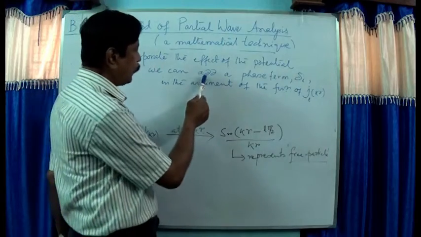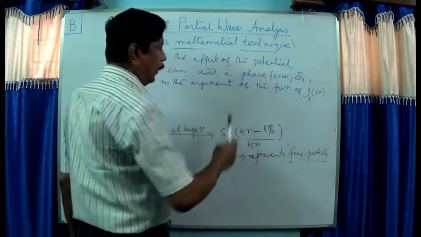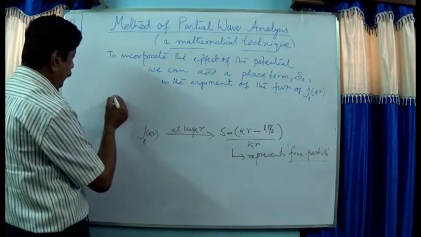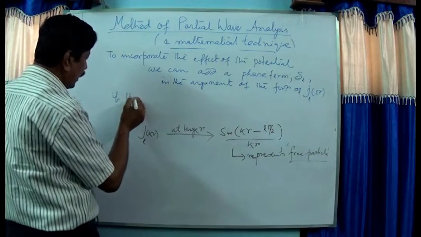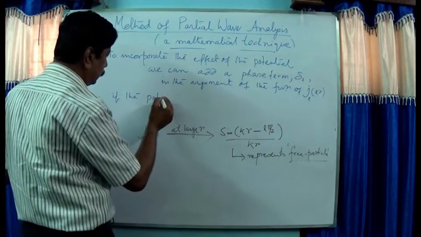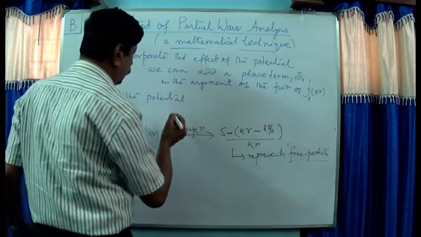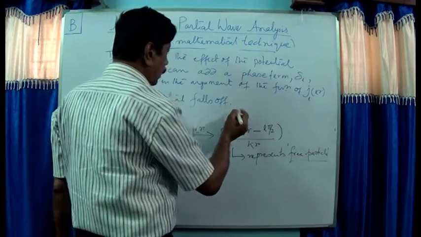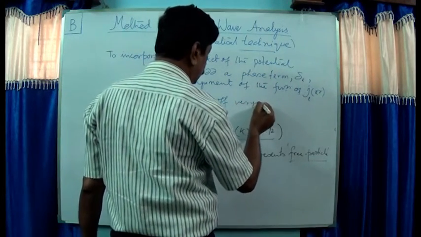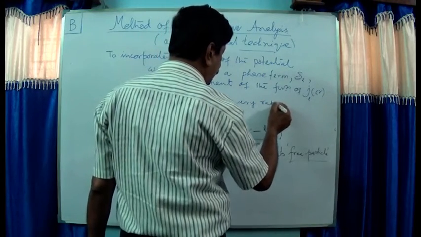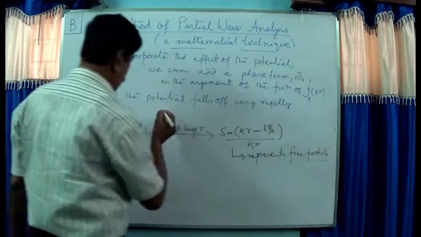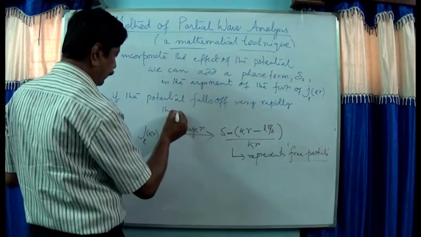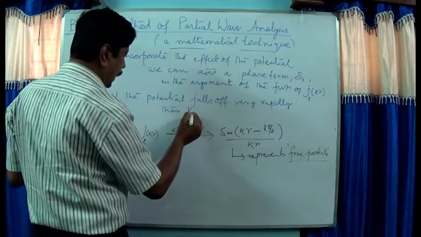Actually, the introduction of this delta L can be done if the potential falls off very rapidly, or much faster than 1 over r.